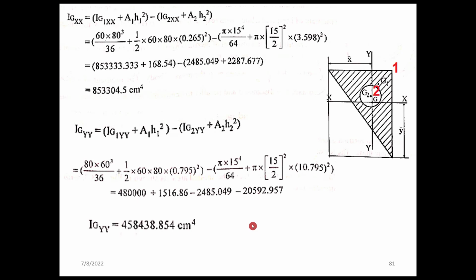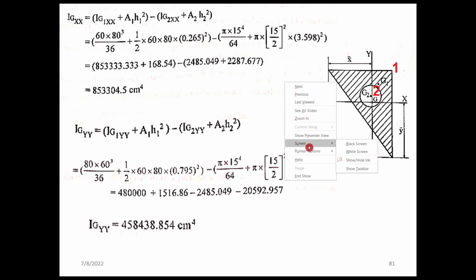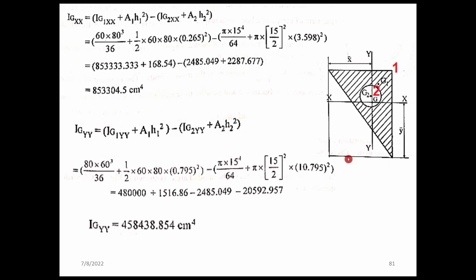We got the values x bar, y bar, and then we have to shift the moment of inertia to the new centroidal axis of the entire section. So Ig xx is equal to Ig1 xx plus A1 s square minus Ig2 xx plus A2 s square.